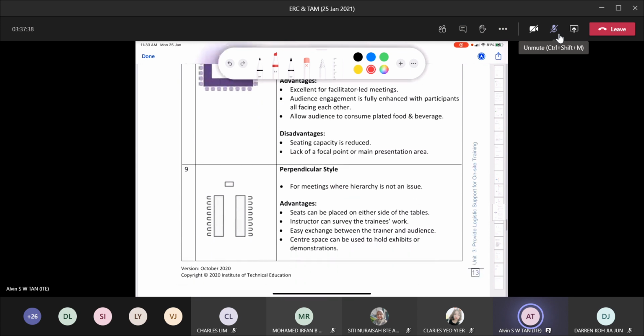What about this? What about perpendicular style? I think the participants are facing each other, if you look at this seating style.